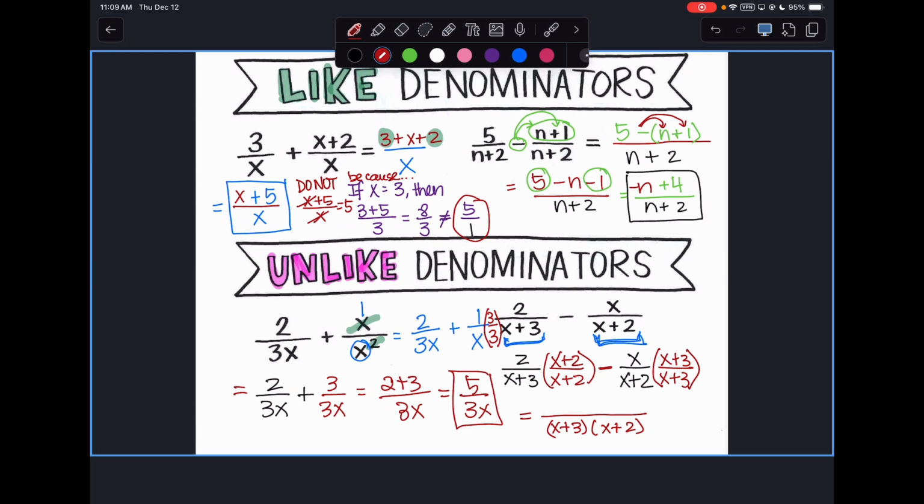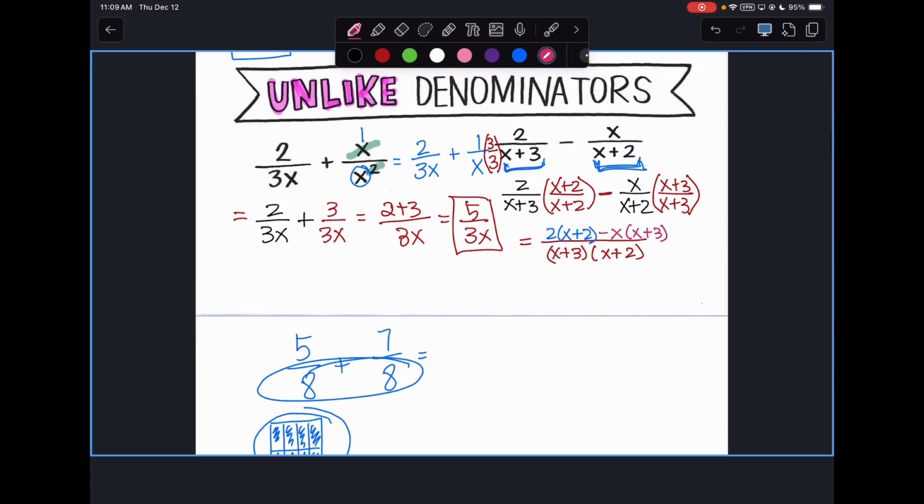Okay. The numerator is going to be a little more complicated. So this is the same thing as saying 2 times the quantity of x plus 2. And then the second one is the same thing as saying minus x times the quantity of x plus 3. Are we okay? What do I need to do to simplify the numerator then?